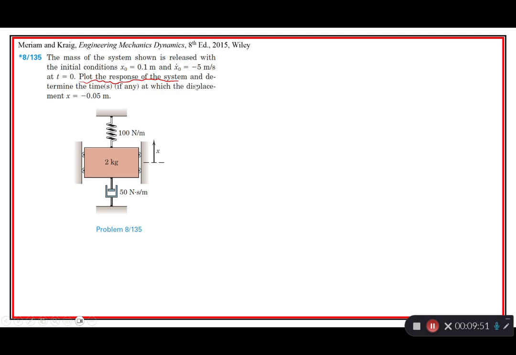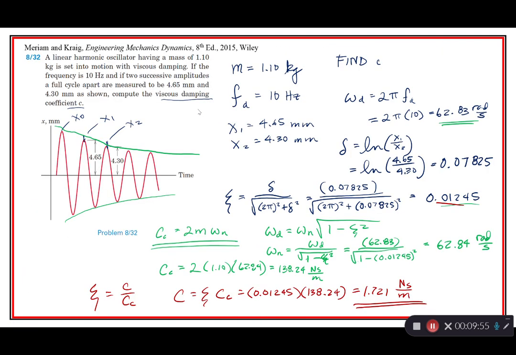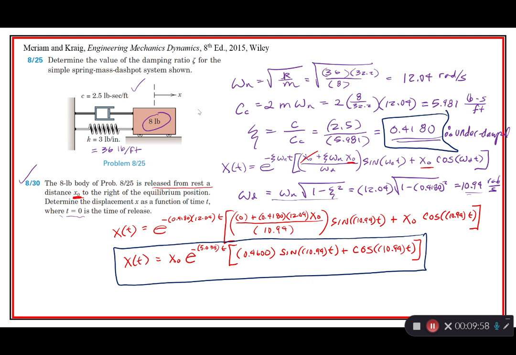So let's take a look at a damped system and look at that equation right here. I'm going to go yellow highlighter. Let's recognize that the amplitude is going to be the square root of this squared plus that squared.